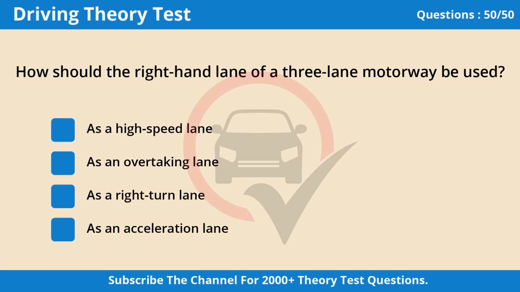Question 50. How should the right-hand lane of a 3-lane motorway be used? A. As a high-speed lane. B. As an overtaking lane. C. As a right-turn lane. D. As an acceleration lane.